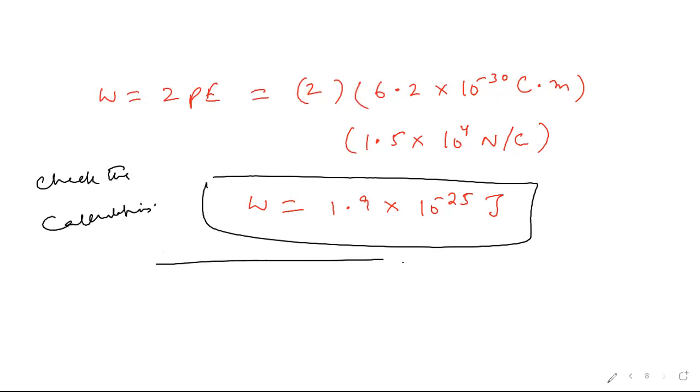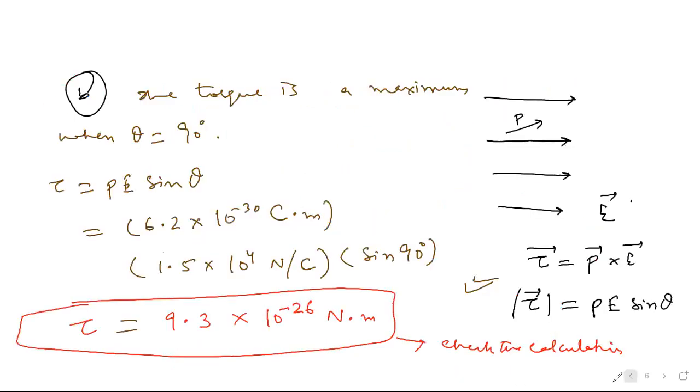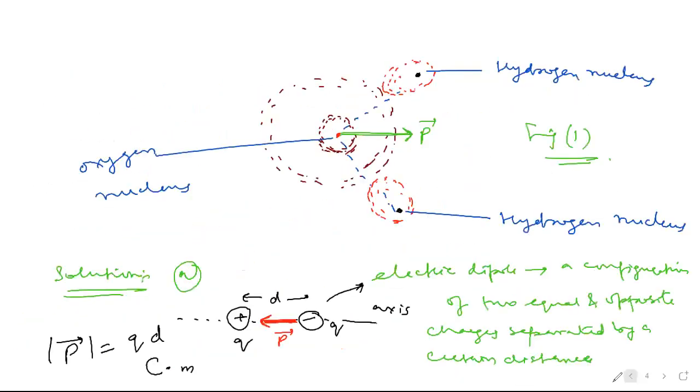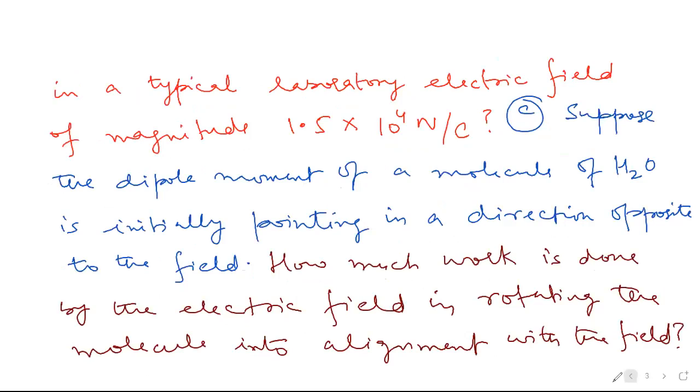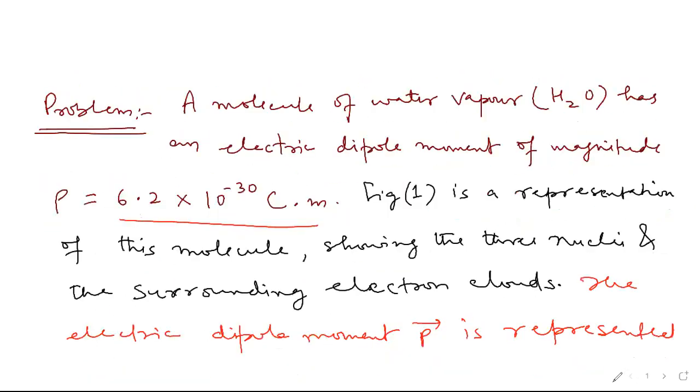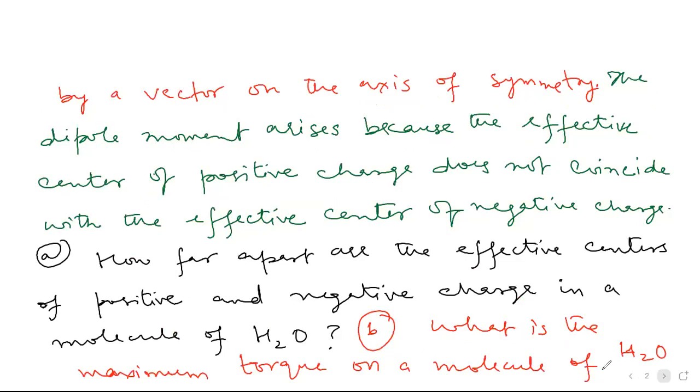This completes our problem. Let me summarize what we did. So we have a hydrogen molecule which has an electric dipole moment. Because of its structure, the centers of positive and negative charge do not coincide. So now this dipole is placed in the electric field, and we are asked first to find the distance between the centers of negative and positive charge, that is dipole length in this dipole.